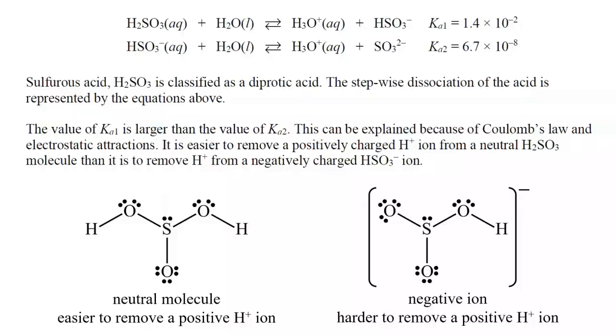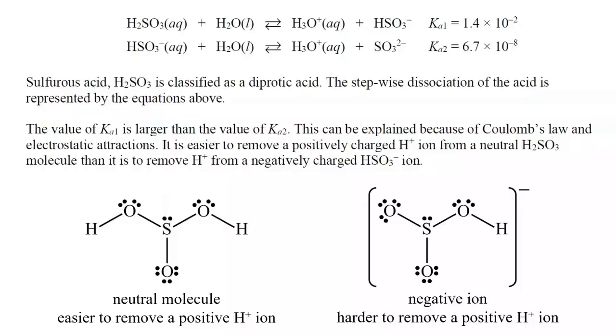Now the value of Ka1, which is the first ionization, is larger than the value of Ka2, which is the second ionization. This can be explained because of Coulomb's law and electrostatic attractions. What you are removing is a positively charged H+ ion.